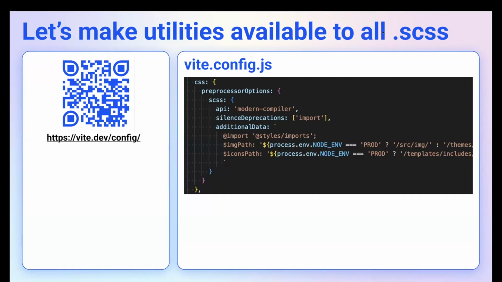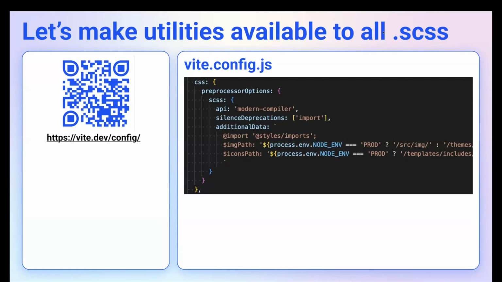We can solve this problem by using the preprocessor provided by Vite. With this code, we can add the additionalData property, which allows us to add SASS code into every single file that Vite processes.